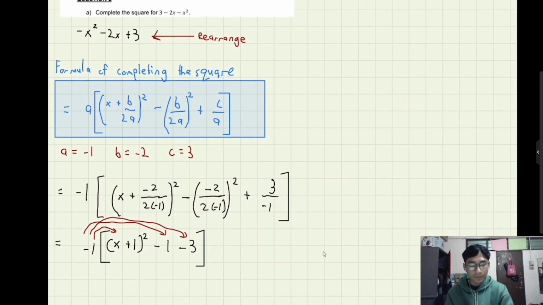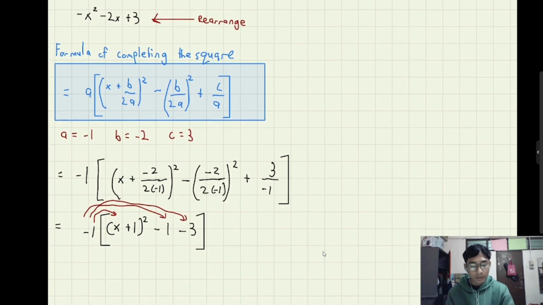After that, I put out the A value, which is negative 1, the B value, which is negative 2, and the C value, which is 3, and then I insert them into the formula.